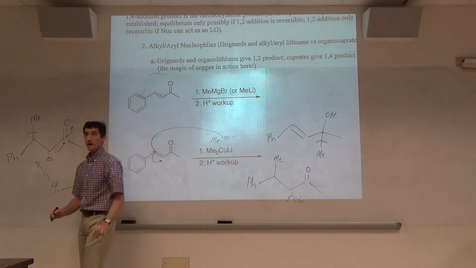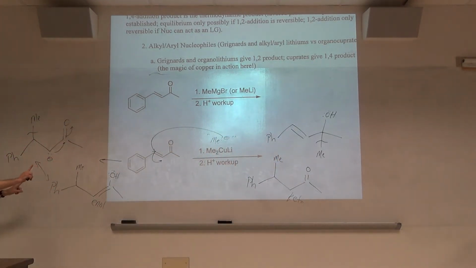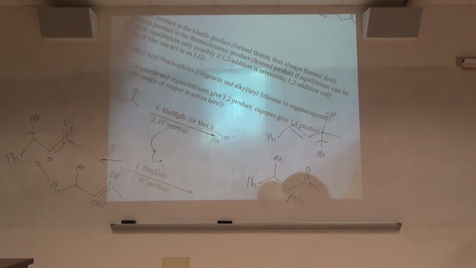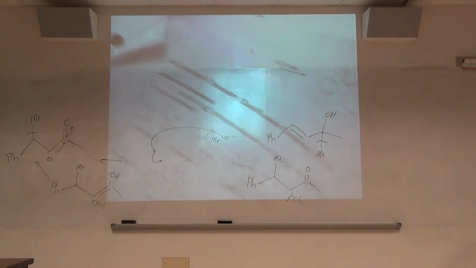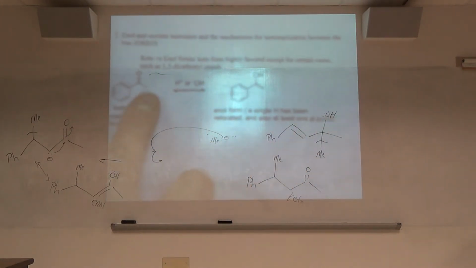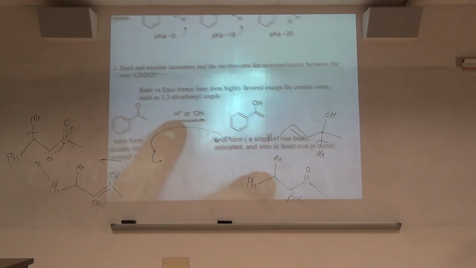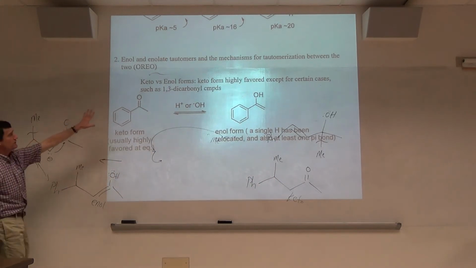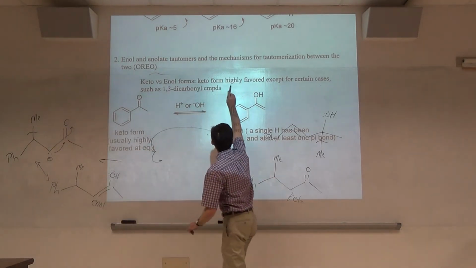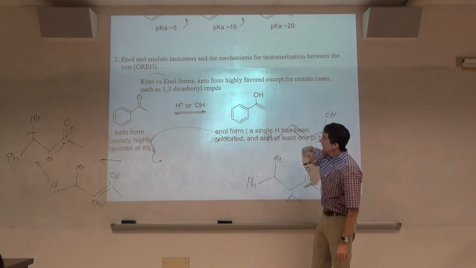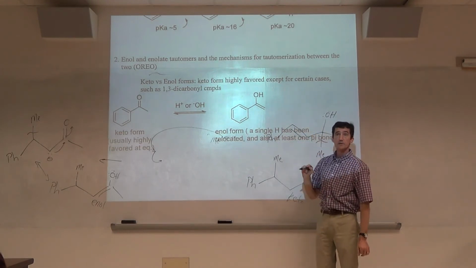So the question is, what's the percentage of enol versus ketone? Well, I would refer back to page 1. Keto versus enol forms. The keto form is highly favored, except for certain cases where it's not.